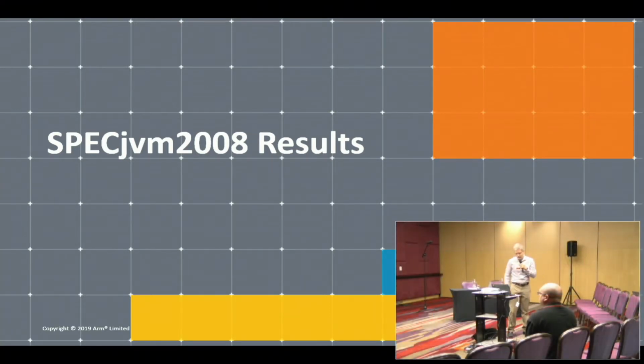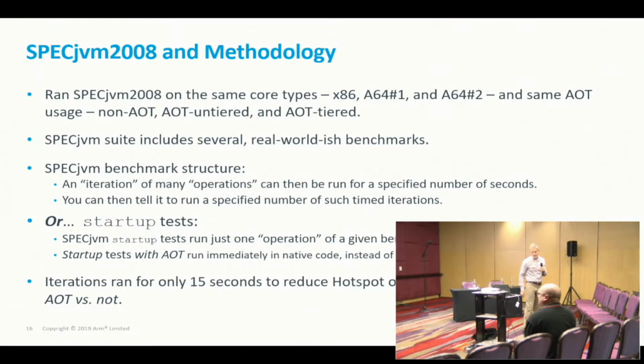Okay. So the other set of benchmarks that I did was SpecJVM, and as I mentioned earlier, it's an off-the-shelf standard, from the SPEC consortium, which has all kinds of famous SPEC benchmarks, like SPEC CPU.